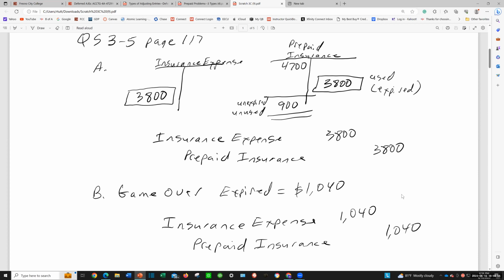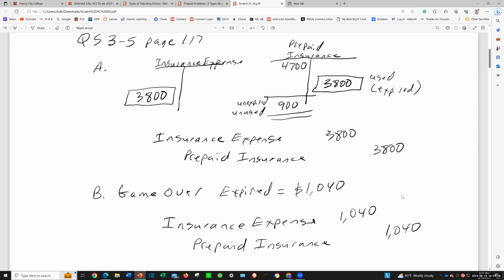So A, prepaid insurance. The prepaid insurance account has a 4,700 debit balance to start the year. A review of the insurance policy shows that 900 of the unexpired insurance remains at year end. So, you know, that third problem solving technique that I showed you, that's what this is.